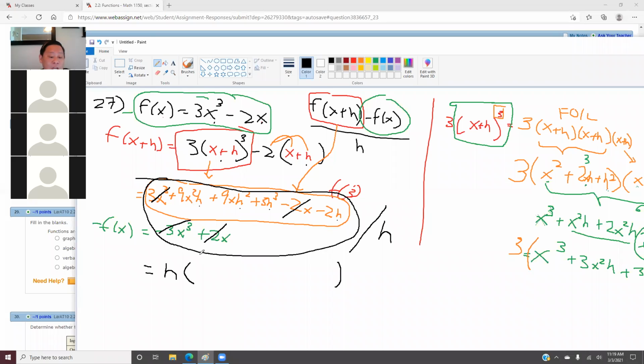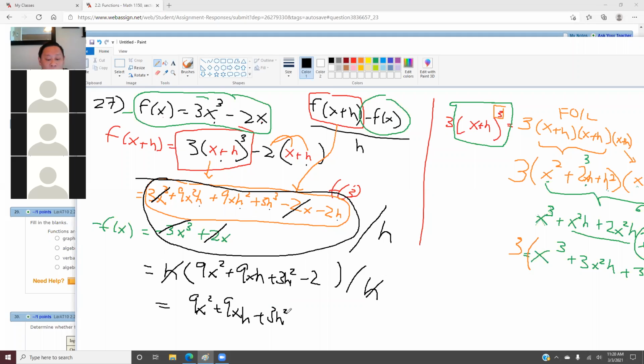When you factor the h out, you will get 9x squared plus 9xh plus 3h squared minus 2. This h is divided by another h, so these two h's will cancel out. So your final answer in this case will be 9x squared plus 9xh plus 3h squared minus 2.